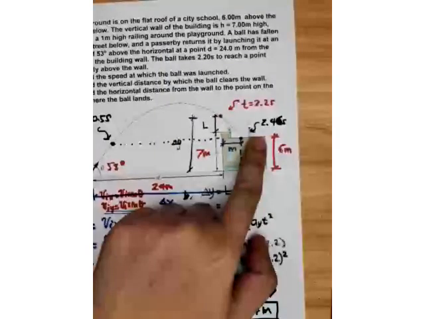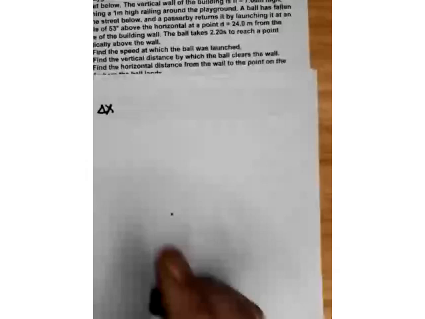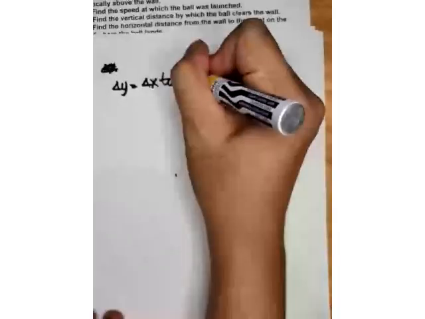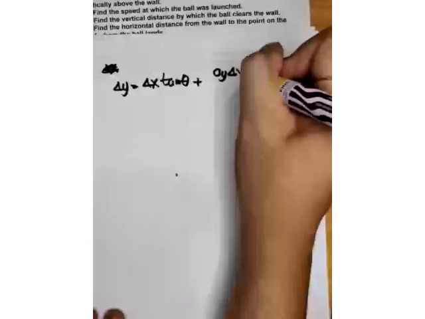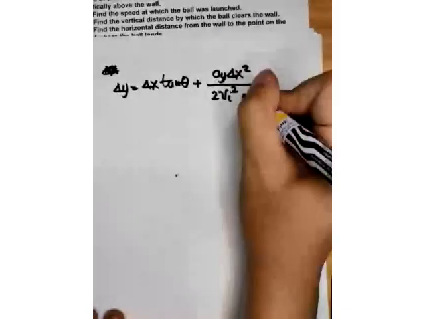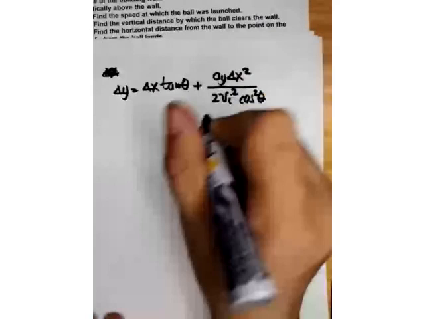Didiretso tayo sa delta x. So di ba, yung formula nating delta y is delta x tangent theta plus negative g delta x squared over 2 vi squared cosine squared theta.